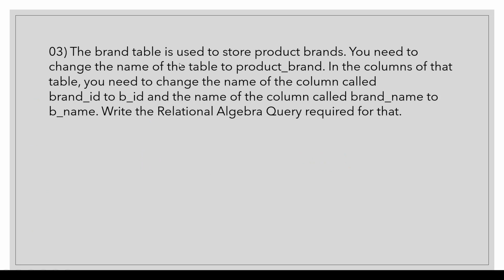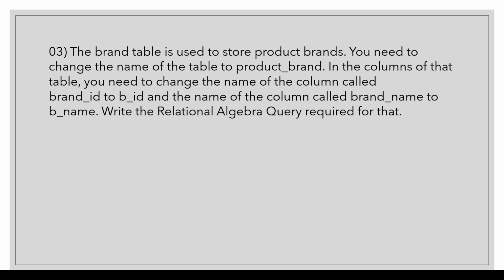The brand table is used to store product brands. You need to change the name of the table to product brand. In the column of that table, you need to change the name of the column called brand ID to BID, and the name of the column called brand name to BName. Write the relational algebra query required for that.